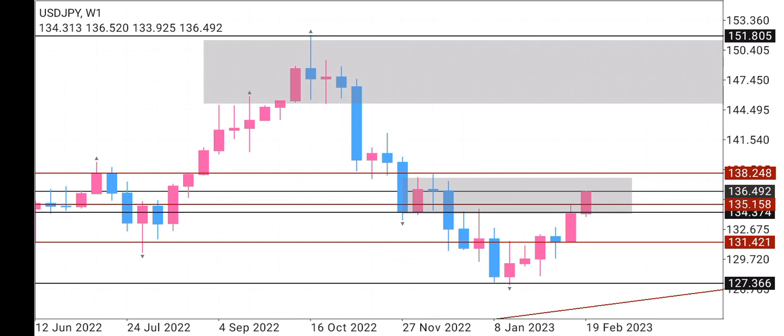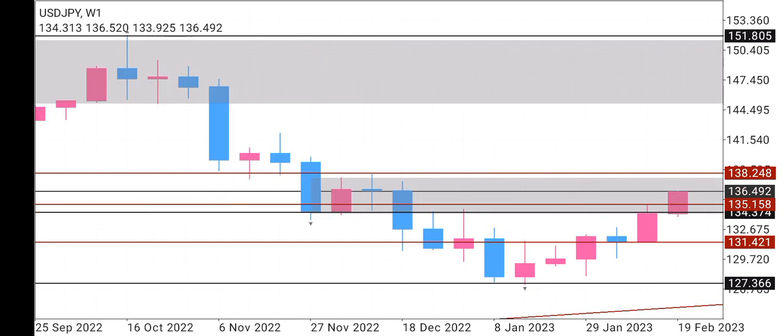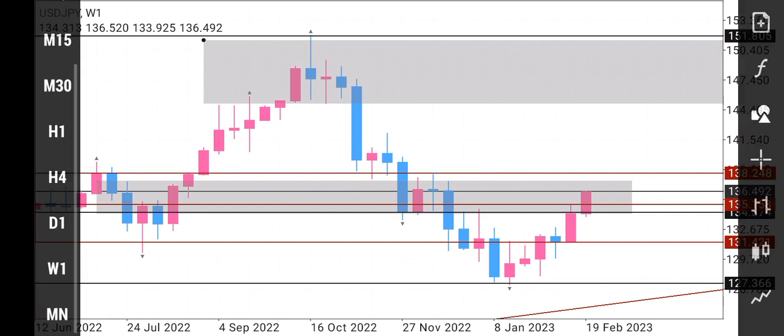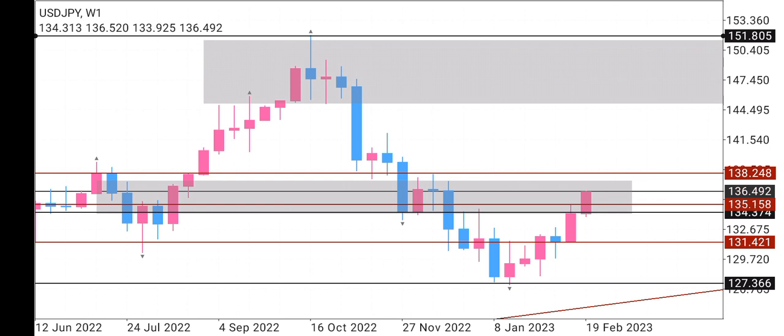So this is a strong resistance zone because of this other block that is here. Let me extend it. If I extend it, you will see that it's a strong zone. Price has been bouncing up and down here, so it's a very strong resistance zone.